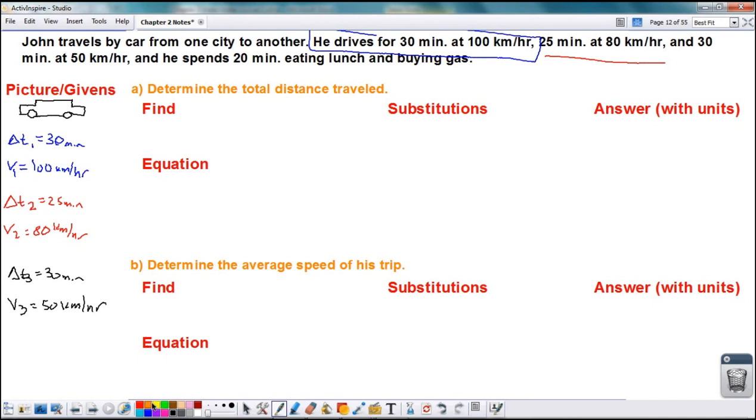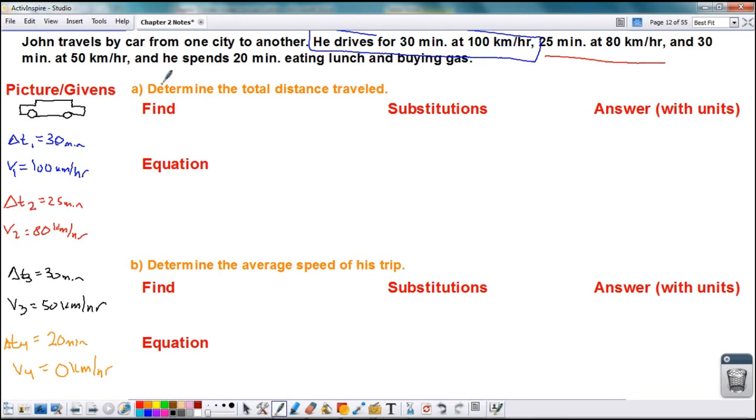And then part 4, he spends 20 minutes eating lunch and buying gas. So I'm going to go with he's not going anywhere. He's hanging out at the gas station, which means his speed is 0 kilometers per hour.